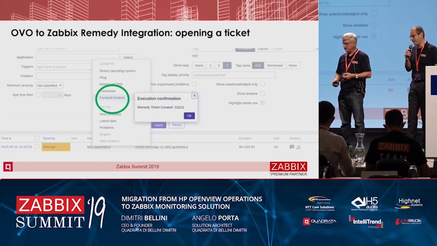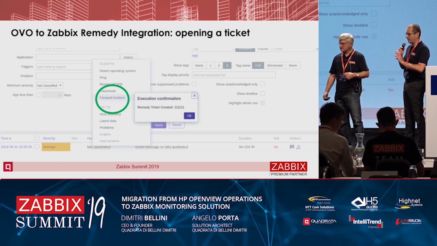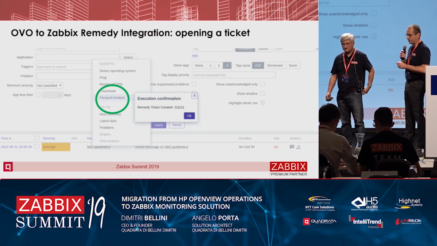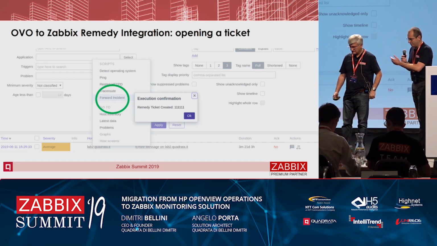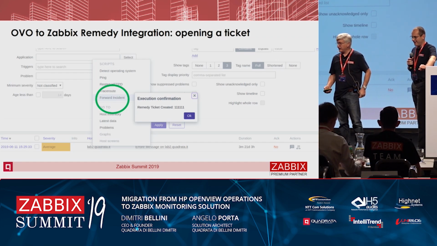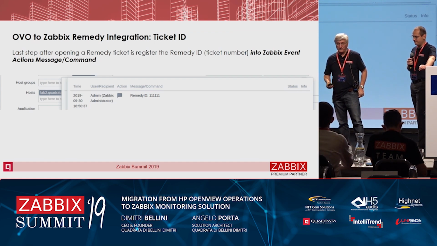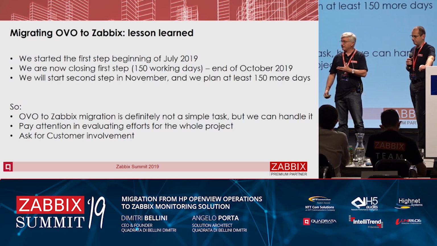Yes, it's a hack inside the problem view, and it is most similar to the new feature that is coming in Zabbix 4.4, but for manual action. So this is a manual action, and it came back with the ticket ID. Why did we need the ticket ID? Because we needed to close the problem. So we can close the problem in Remedy in exactly this way.